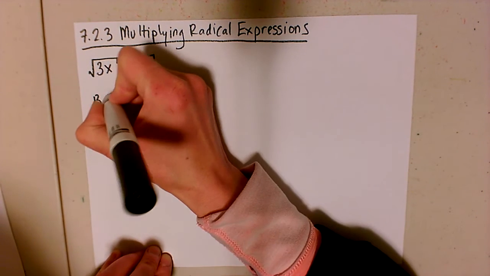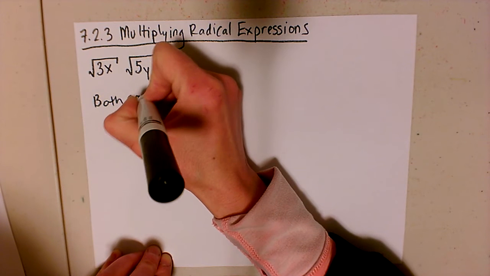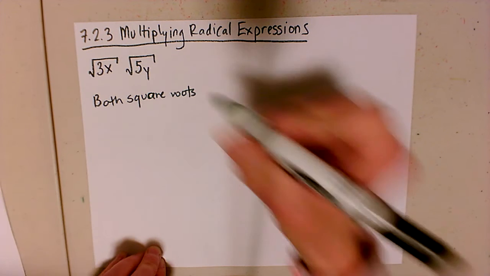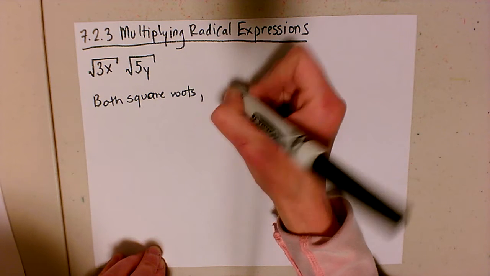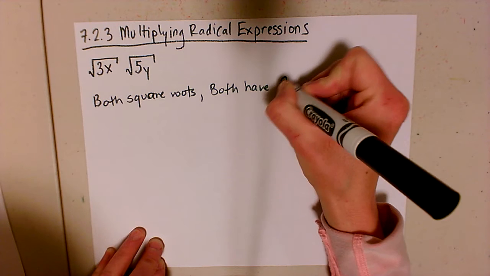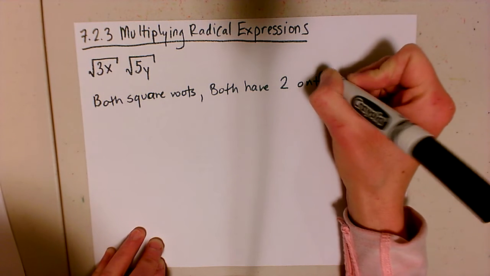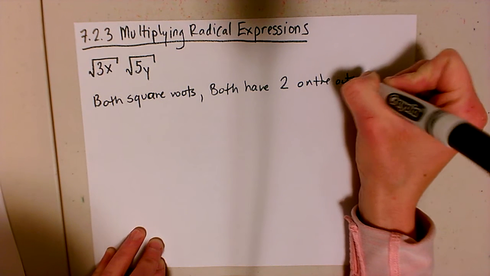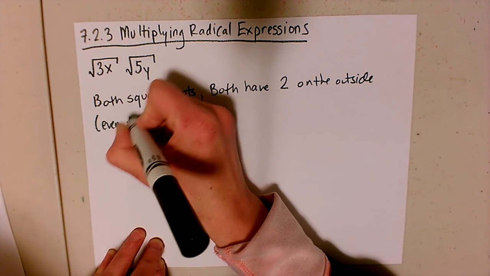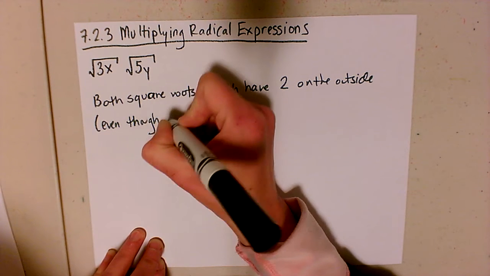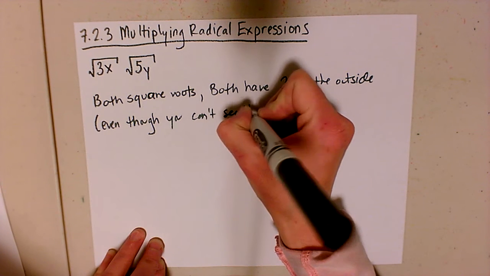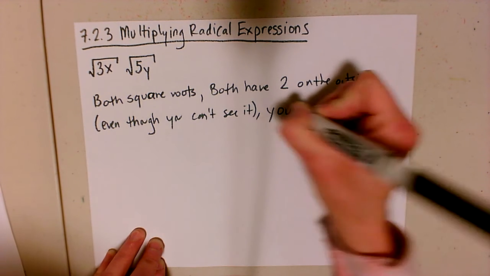because these are both square roots, and because they both have 2 on the outside, and we'll say in parentheses, even though you can't see it, you can multiply them.